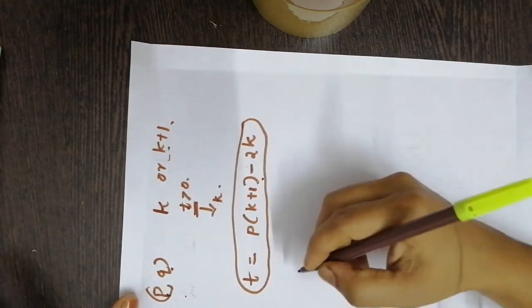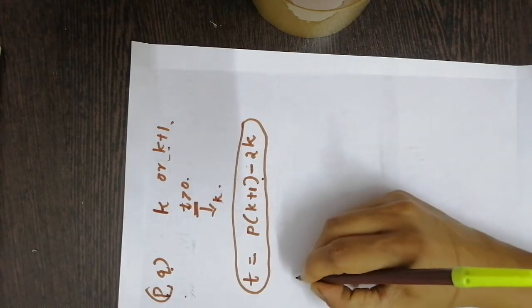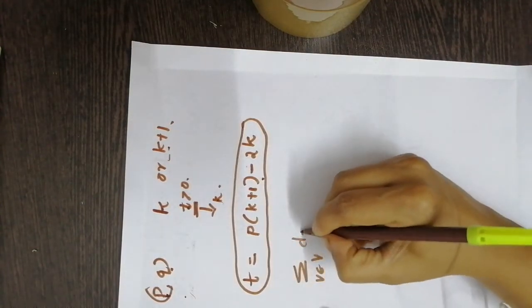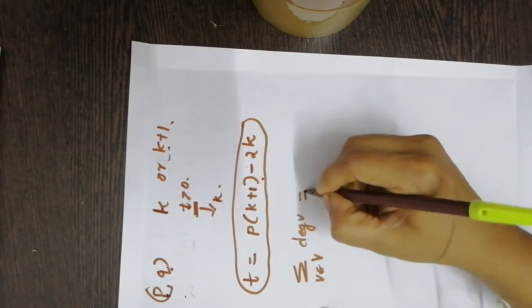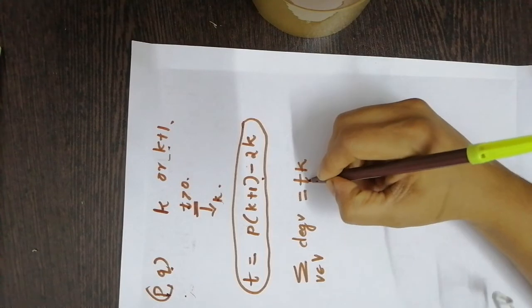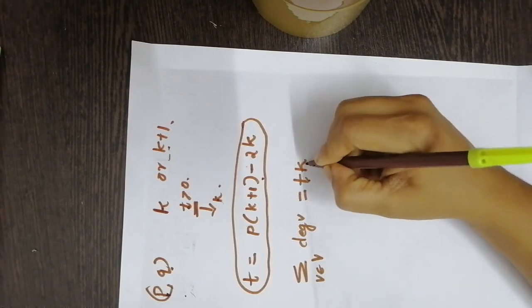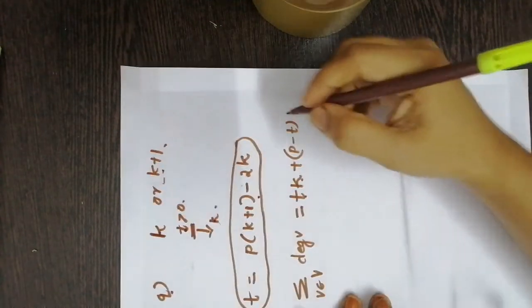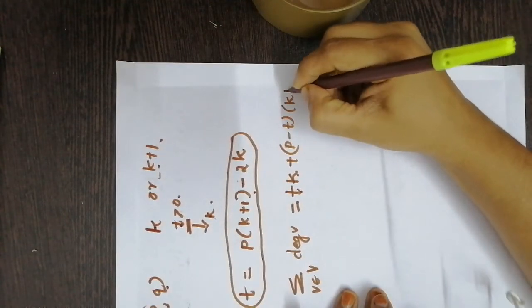So the summation over v in V of degree of v is t times k, that is t vertices with degree k, plus p minus t vertices with degree k plus 1.